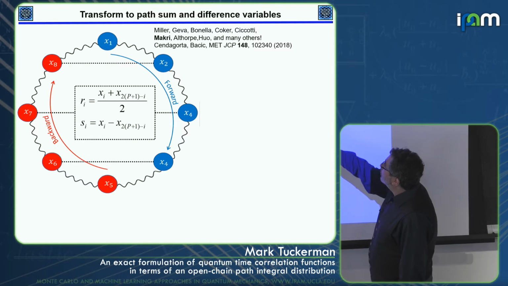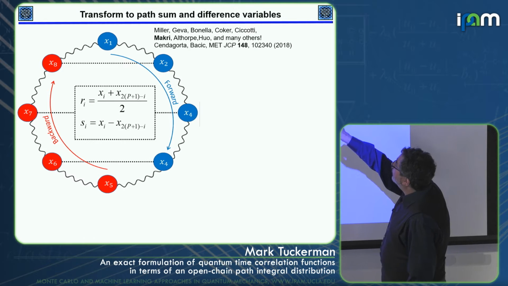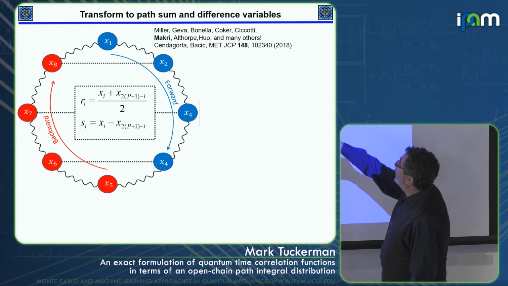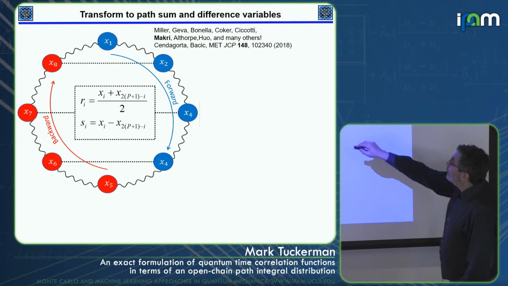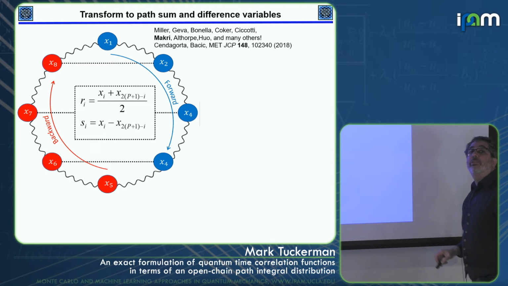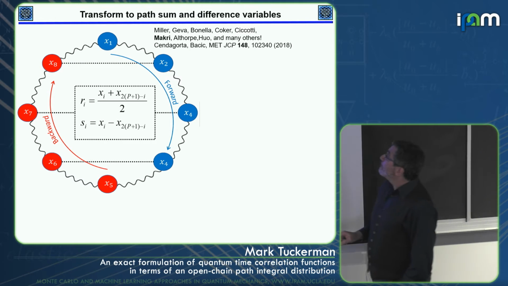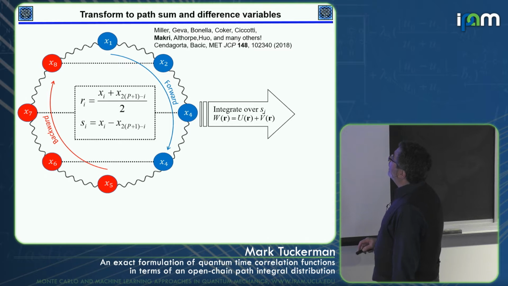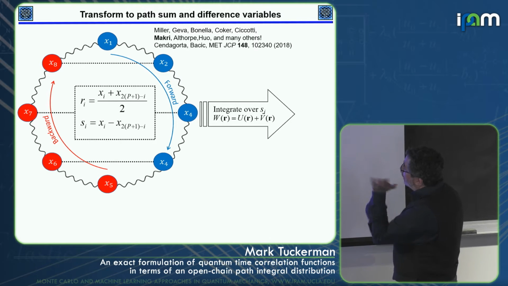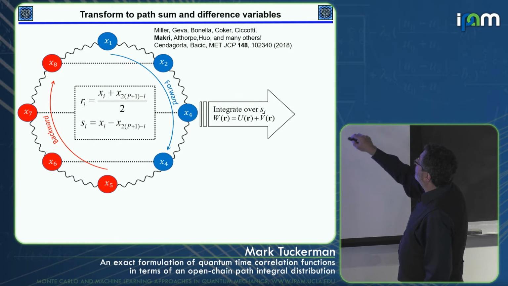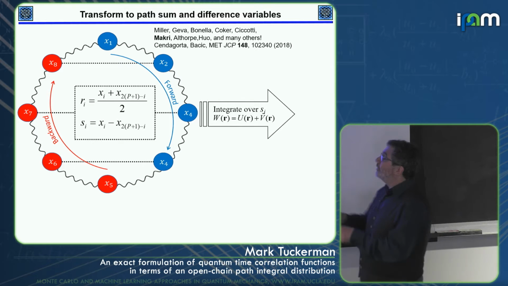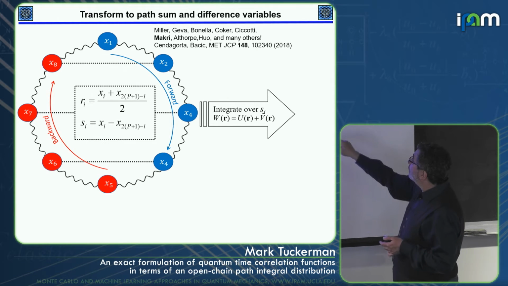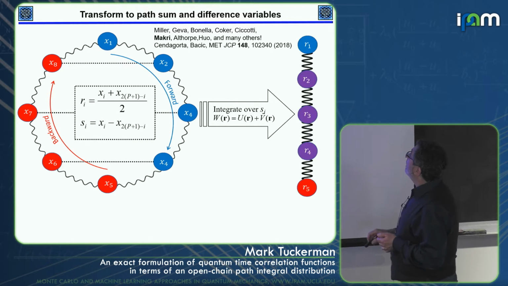So what we're going to do is take the average of points on the forward and backward paths, we'll call that R, and the difference of points on the forward and backward paths, and we'll call that S.